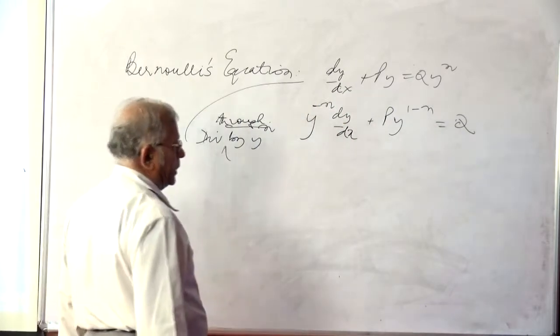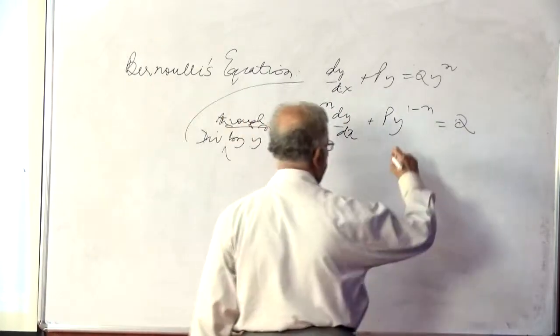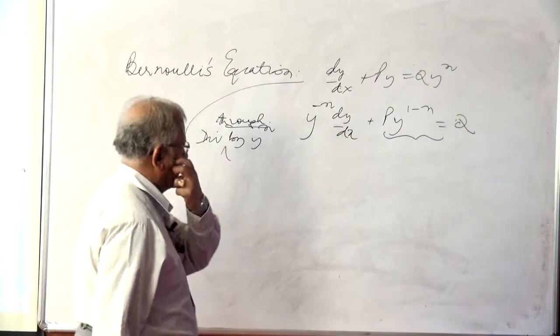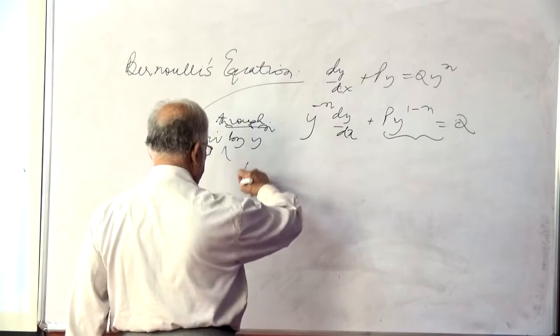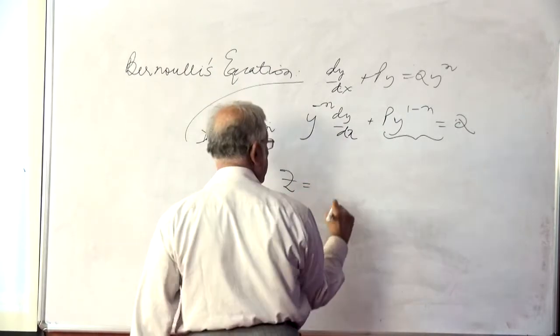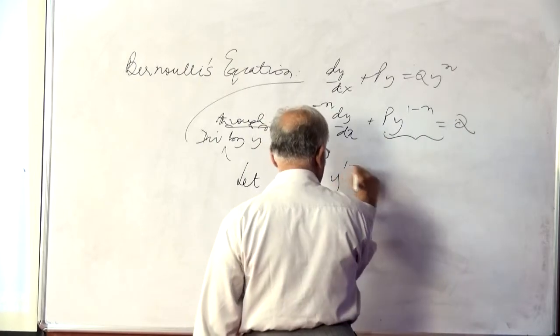Now, we make a simple substitution. Let z be equal to y to the power of 1 minus n.